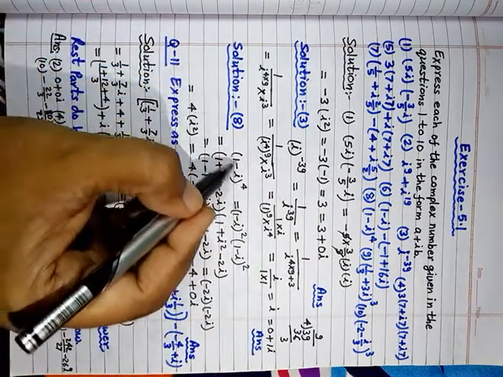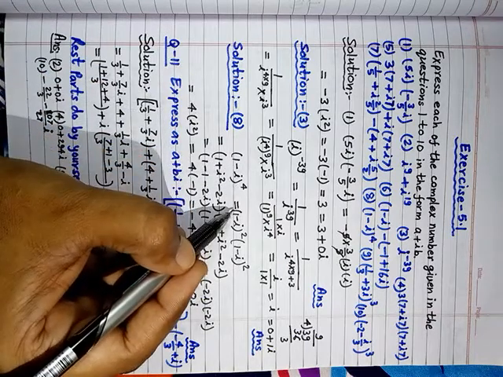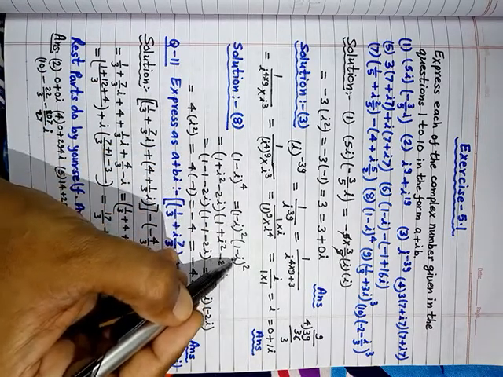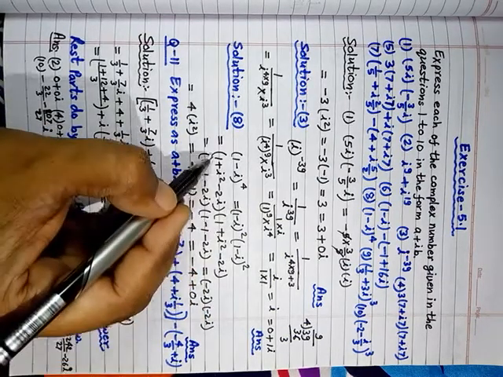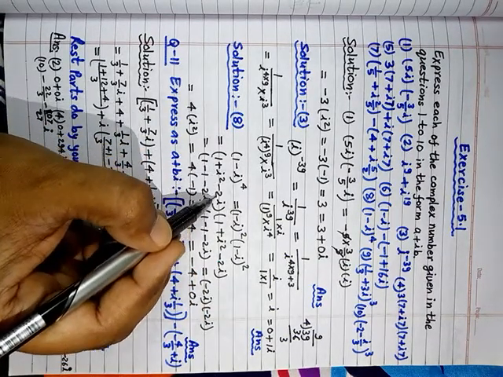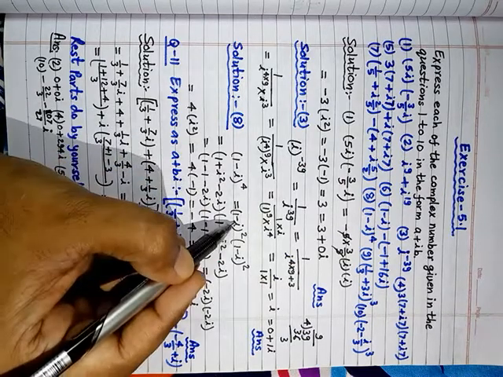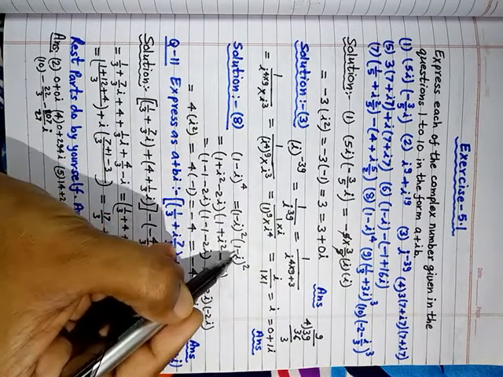Solution 8: (1 minus i) to the power 4 is equal to (1 minus i) squared into (1 minus i) squared. Now opening the square: 1 plus i squared minus 2i, the whole square of this and the whole square of this.